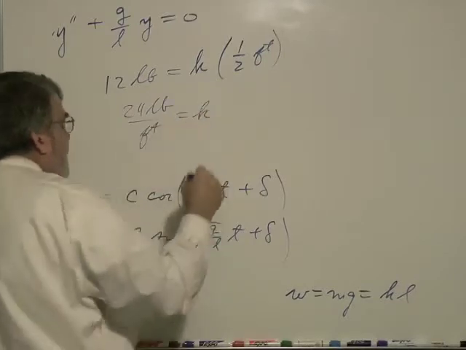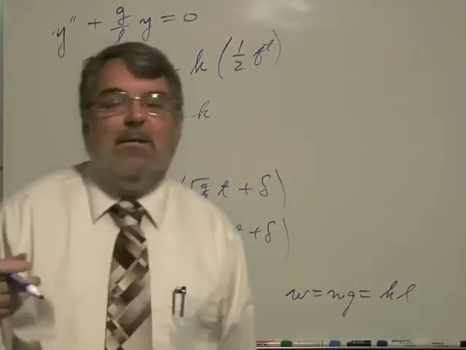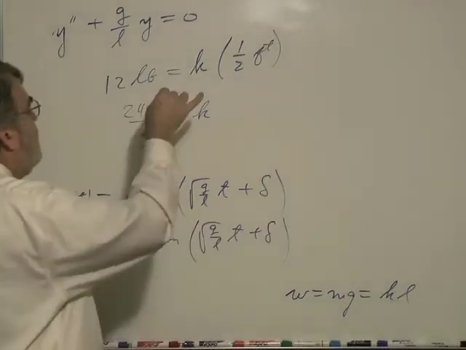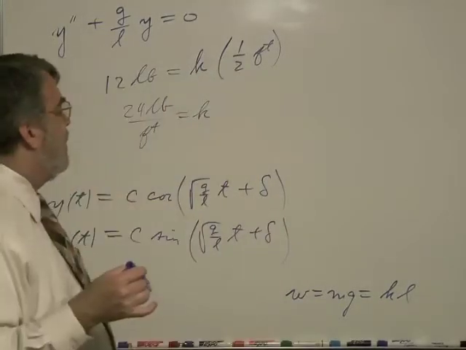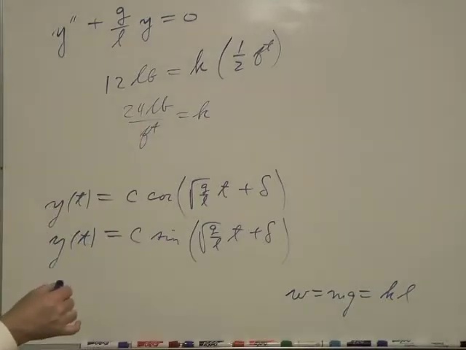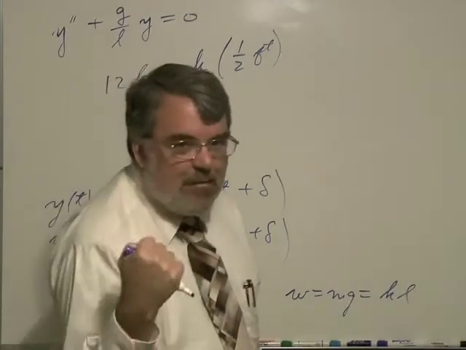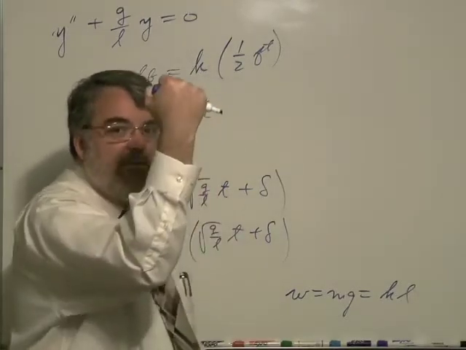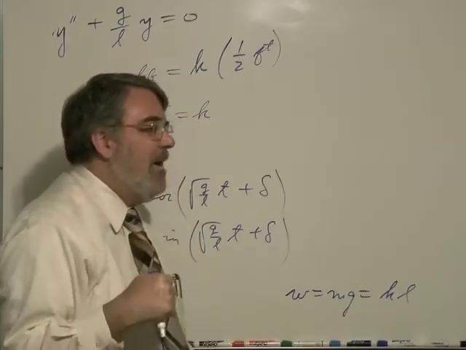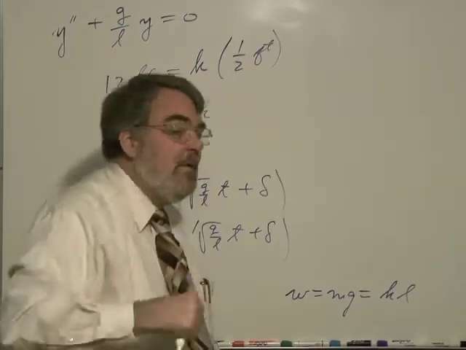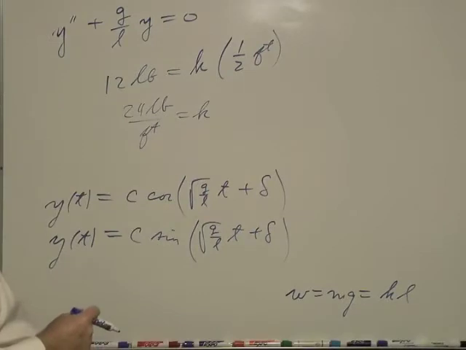It's equal to k. So if you're wondering what the units of k are, they're weight per distance, or force per distance. In other words, every foot requires 24 pounds. So to stretch it 1 foot, you've got to exert 24 pounds. 2 feet would require 48 pounds, and so forth and so on.